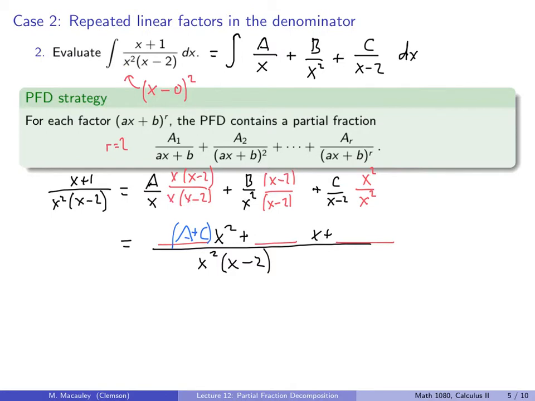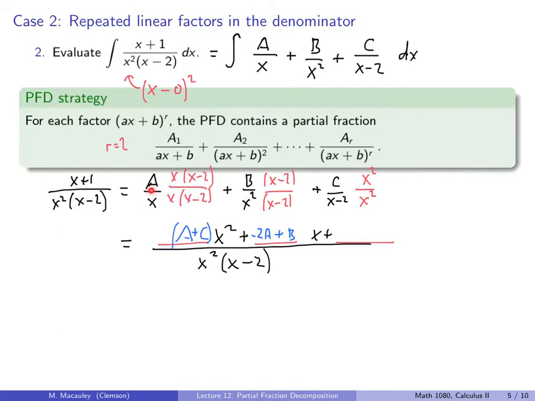Now how many x's do I have? I have, again, a times x times negative 2, so that is negative 2a. And then I also have b times x, so I have plus b. And then what constants do I have?